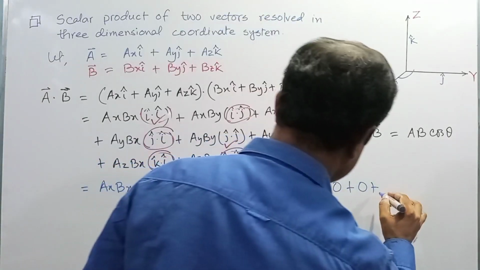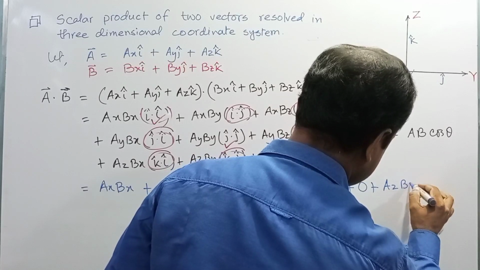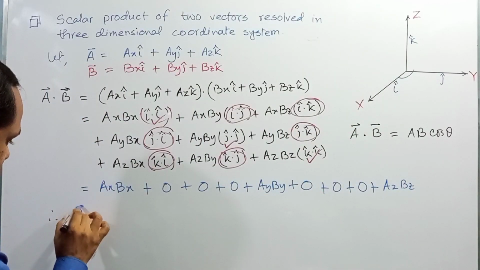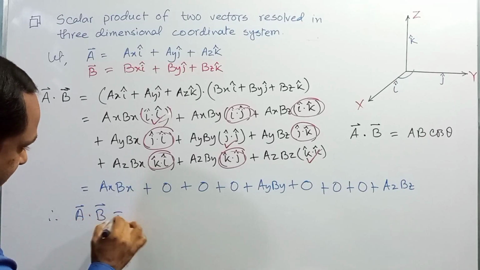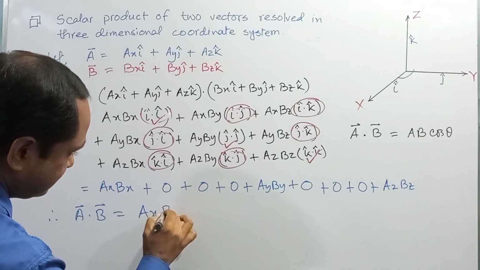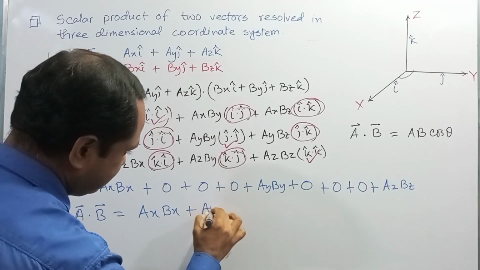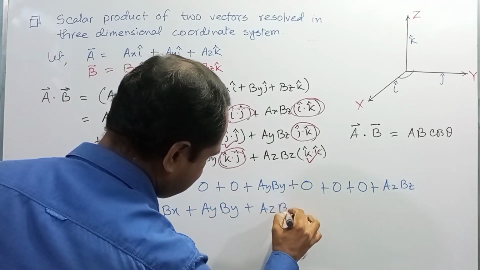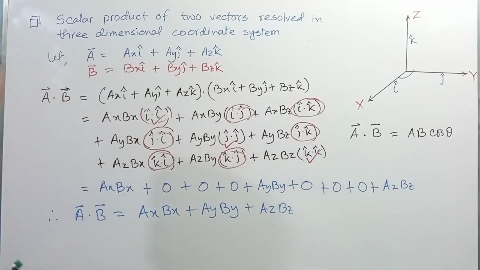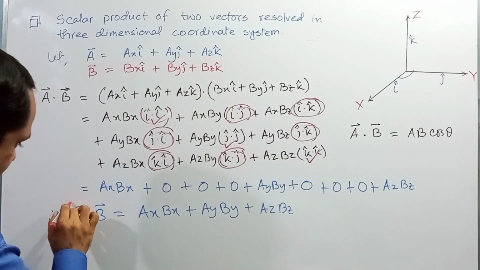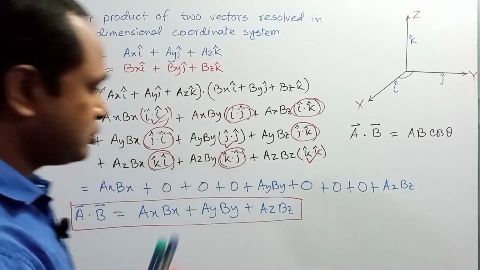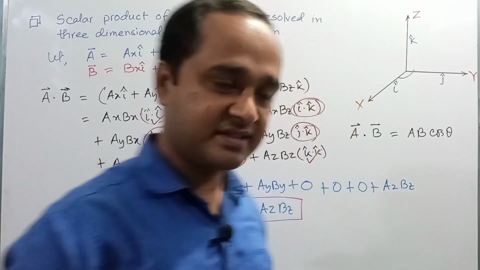As a result we will get az bz. So finally we can write that a dot b is equal to ax bx plus ay by plus az bz. This is the final expression for the dot product of two vectors resolved in three-dimensional coordinate system.